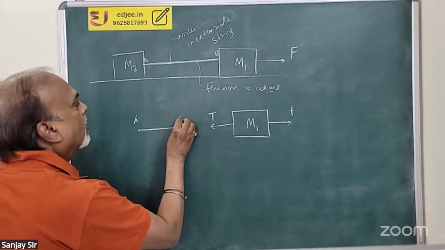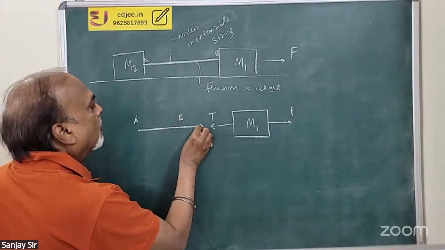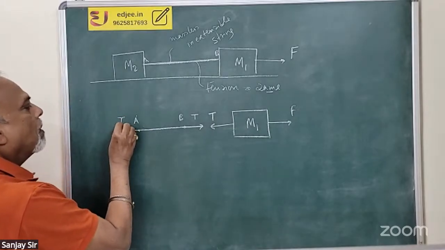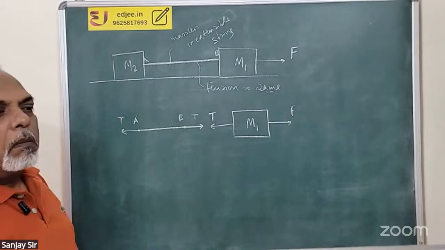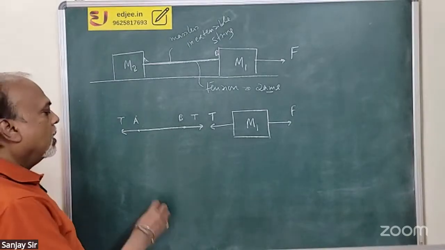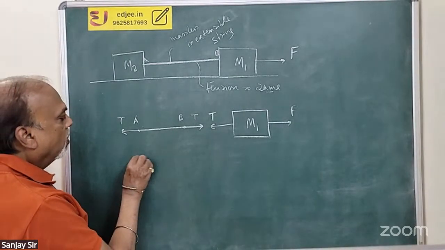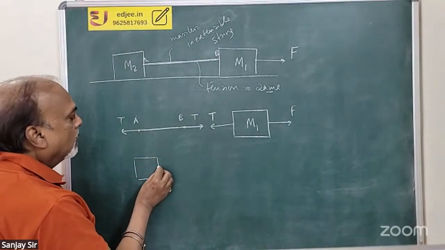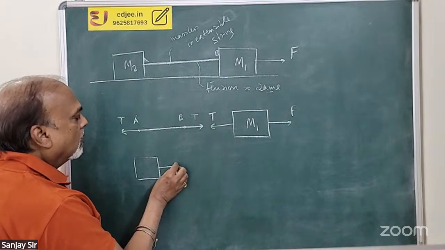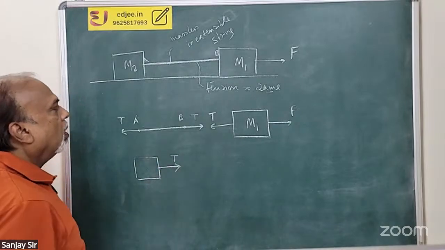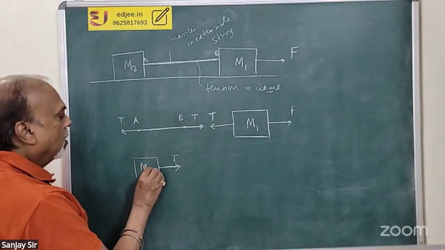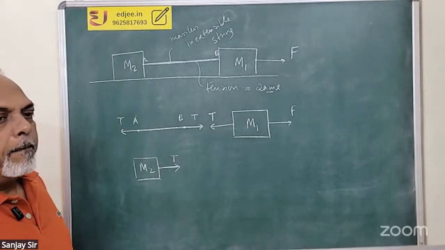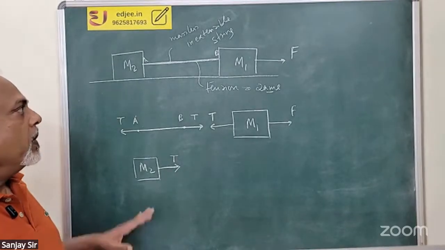A, correct? What about M2? M2 has got only this. Correct.